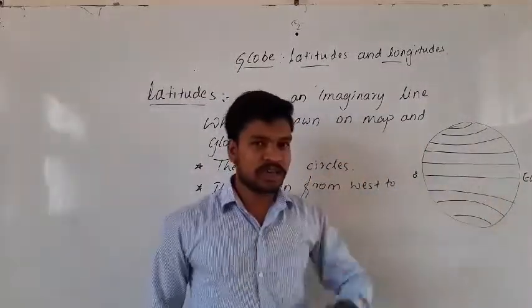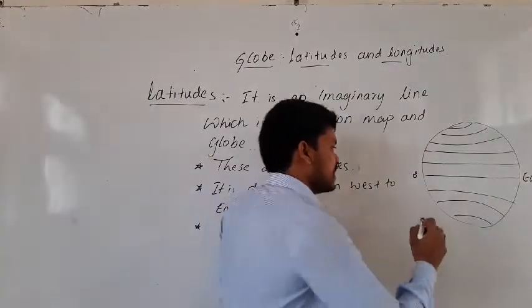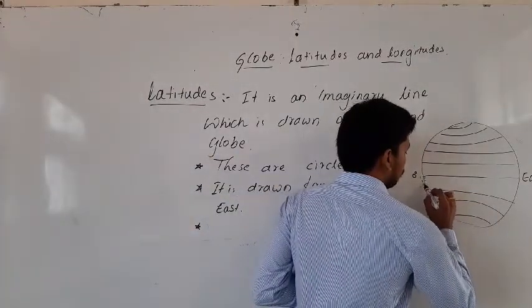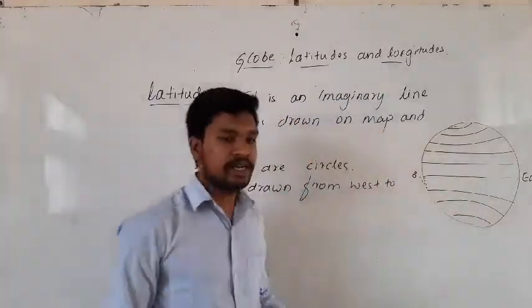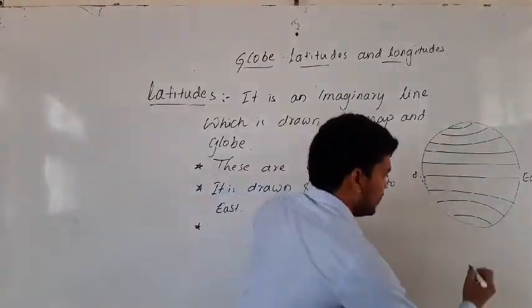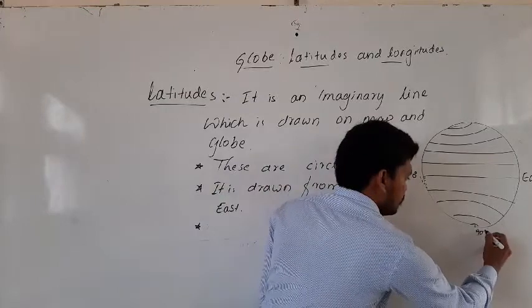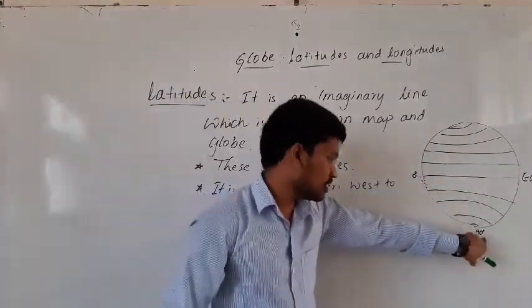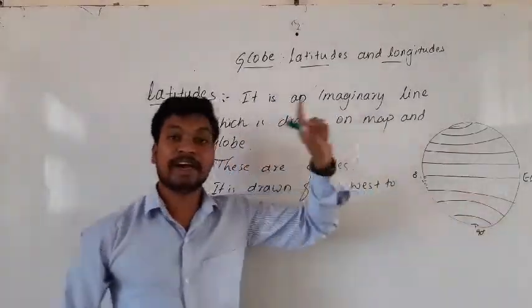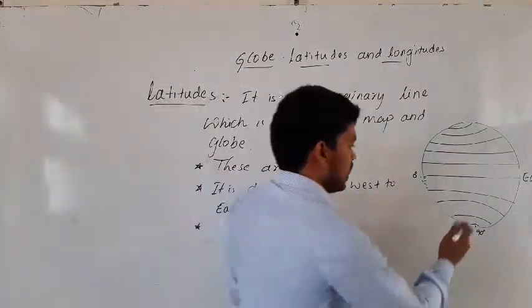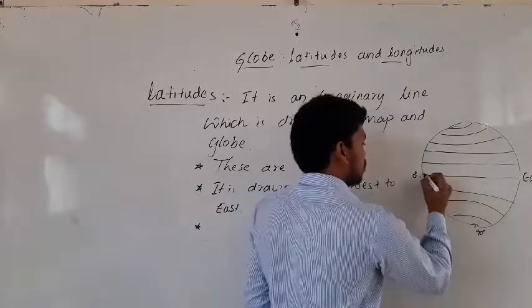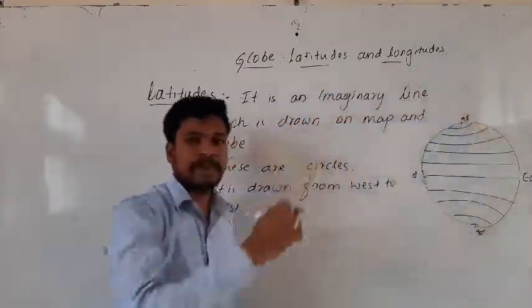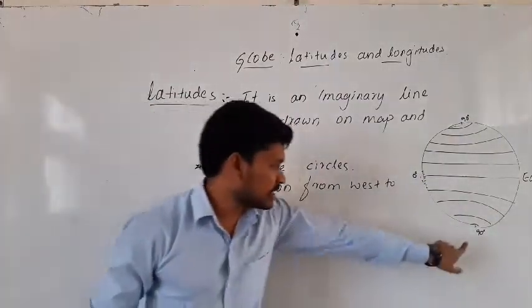This denotes 0 degree, and the remaining latitudes start from 1, 2, 3, 4, 5, 6 towards the southern direction. We have 90 latitudes, meaning 90 circles from this 0 equator towards the south. In the northern hemisphere too, from 1 onwards, we have 90 circles towards the north.